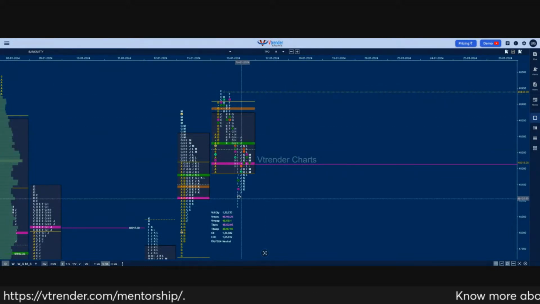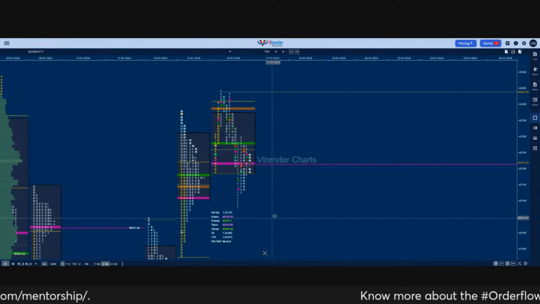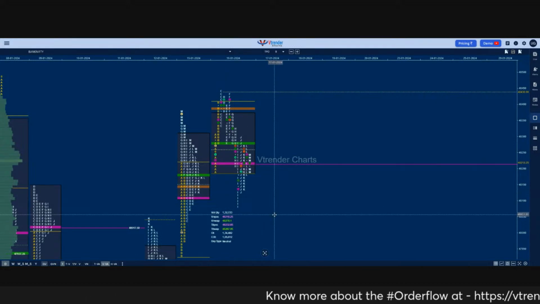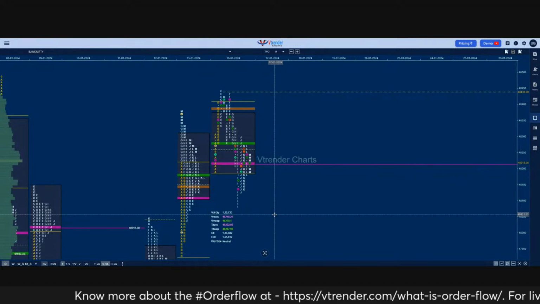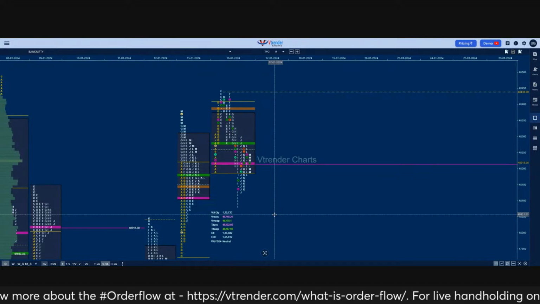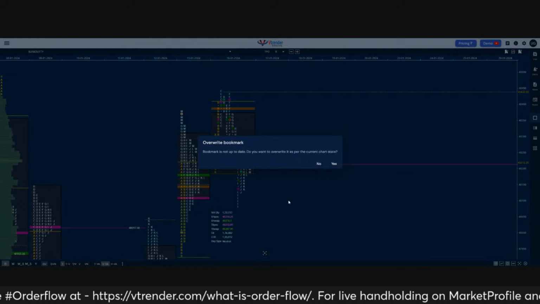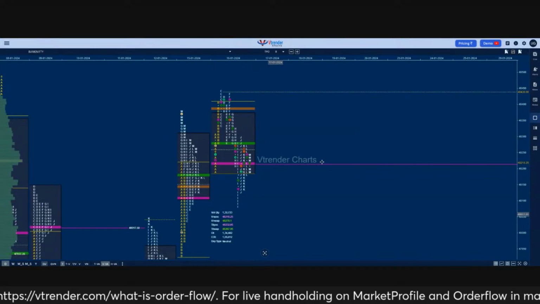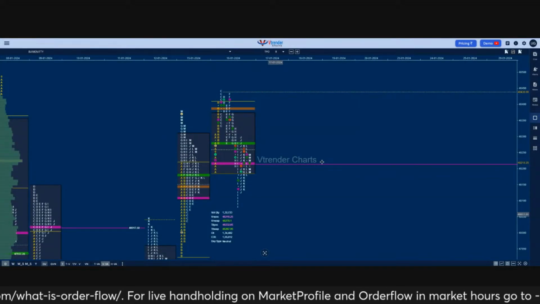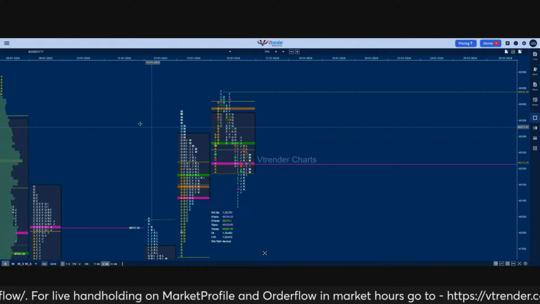So from here, we made a big move down. So this is how we identify reversals, short-term reversals on the daily market profile chart, whenever we see a buyer or the seller getting failed. So this is how we will take it forward and look for the higher objectives.